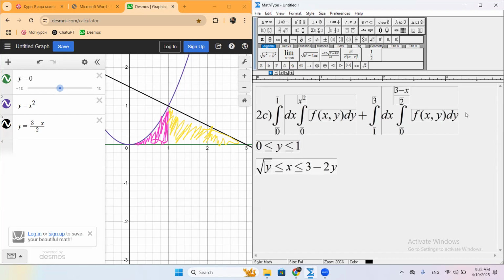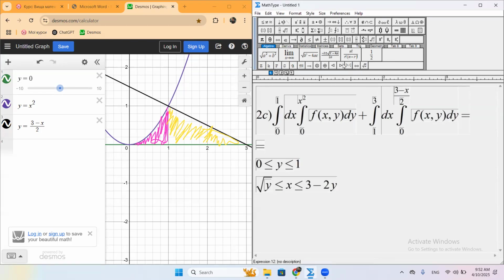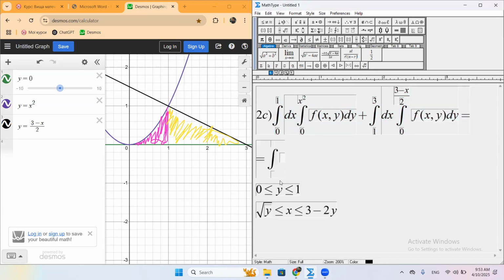So now we can change the limits of integration. We can see that this is kind of an irregular region of integration, but if we change the limits of integration, we will receive one integral instead of a sum of integrals.